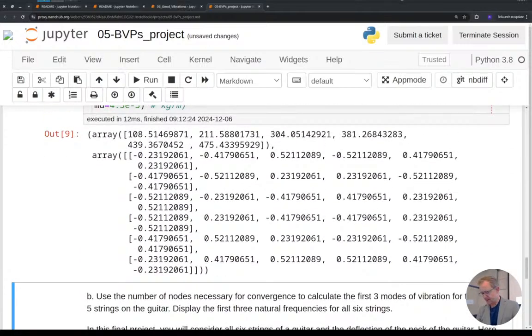And then this second array is a 6x6 eigen array. So it spits it out as an eigenvector array, but really it's one vector per frequency. So mode 1, the mode shape is this first column, and mode 2, the mode shape is the second column.